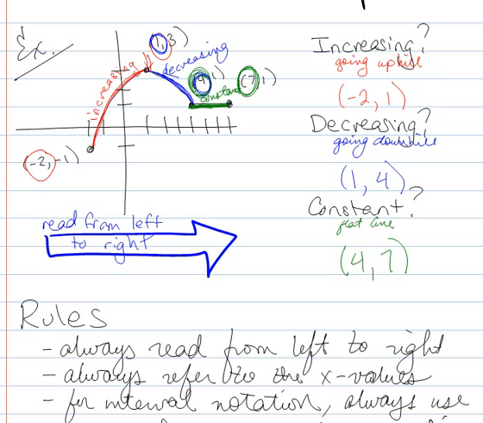Think about it: say you put a little marble right here at 1. If you've got a marble perfectly balanced, is it going to go to the left or to the right? It's not going to go anywhere because it's perfectly balanced. That's the point: we're not going to include the actual points of transition.